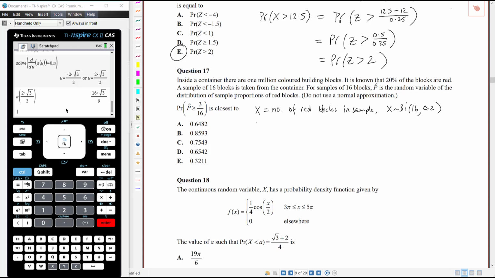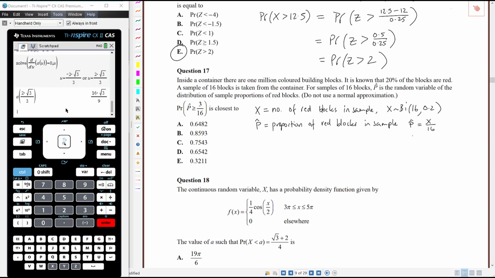Okay. Now p hat is equal to the proportion of red blocks in the sample. So p hat is the same as x divided by 16. If there's 2 red blocks in the sample of 16 blocks, the proportion of the sample that is red blocks is 2/16.